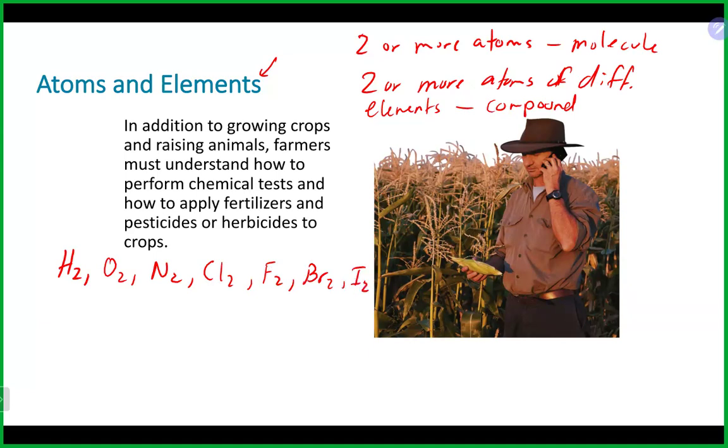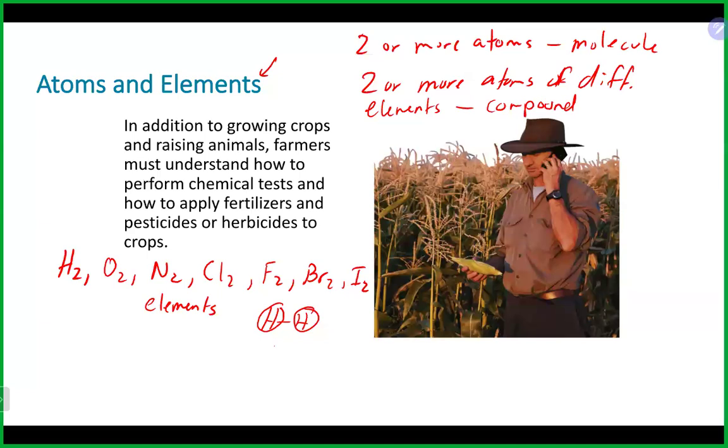Every single one of those is an element, because they are made up of only atoms of the same element. So if you have hydrogen, which is how hydrogen naturally comes, it comes as two hydrogen atoms together. Because they are both hydrogen, that makes it the same element and it is considered an element.